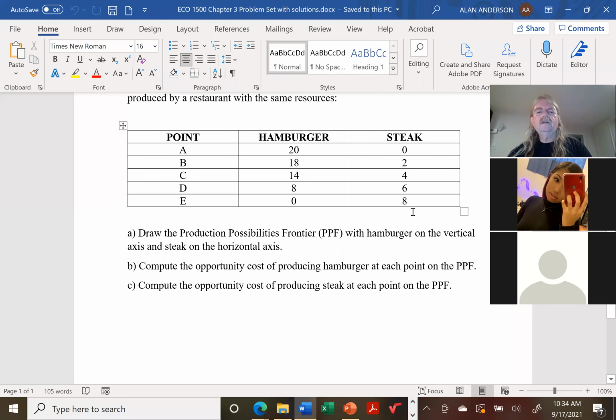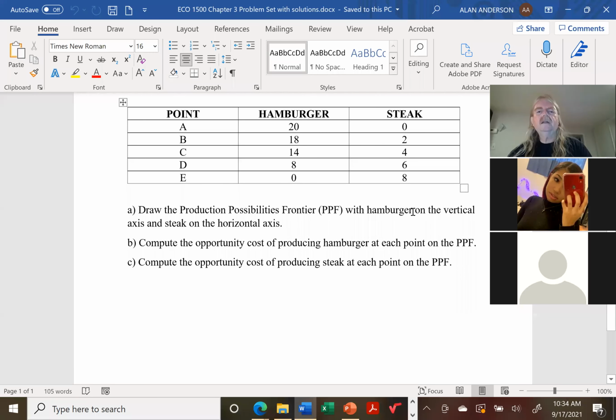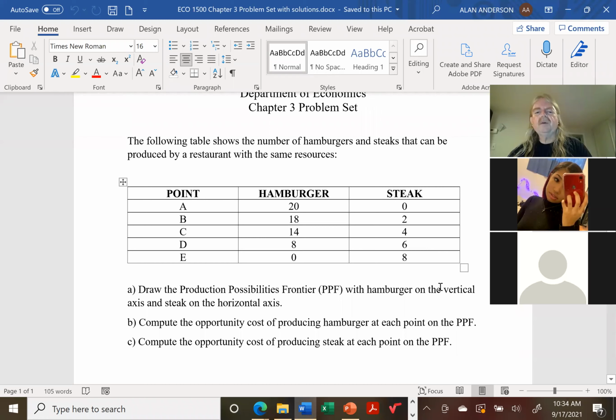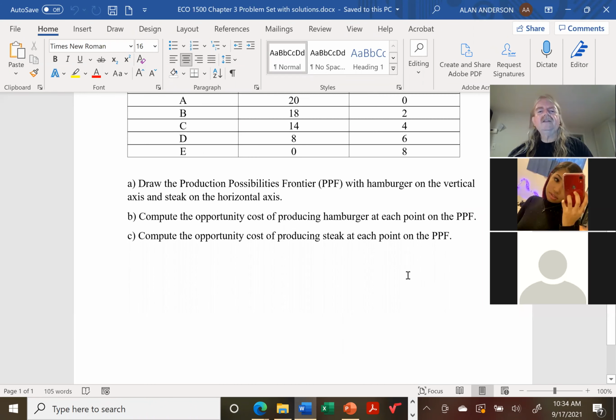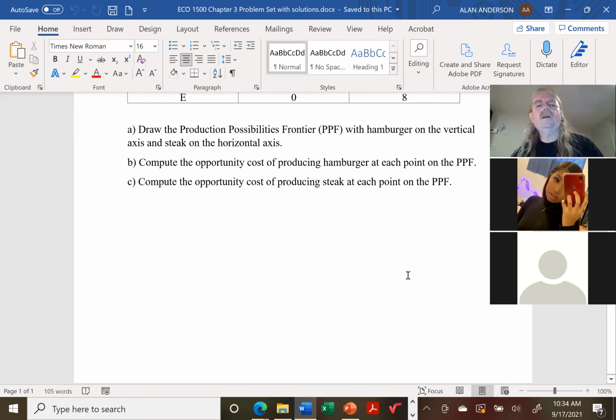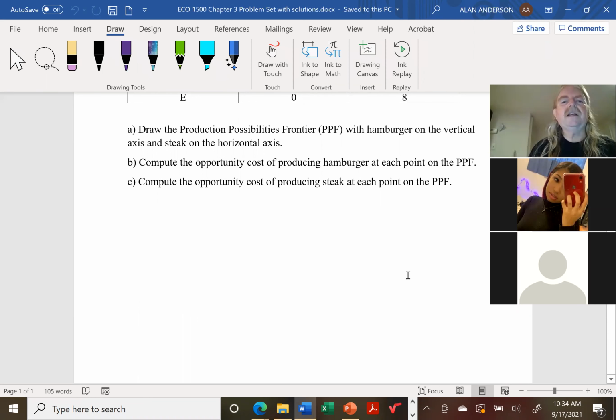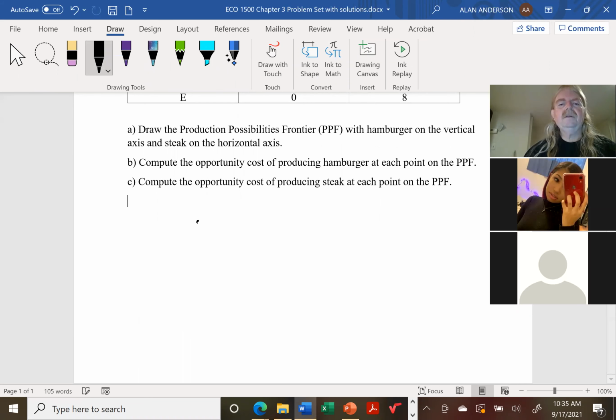All right. So basically what's happening is that, and by the way, it does tell you to put hamburger on the vertical axis and steak goes on the horizontal axis. In other words, what they're saying here is to do this. Whoops, hold on.